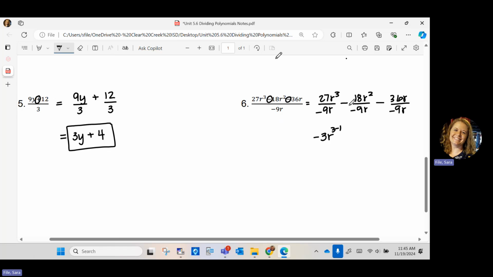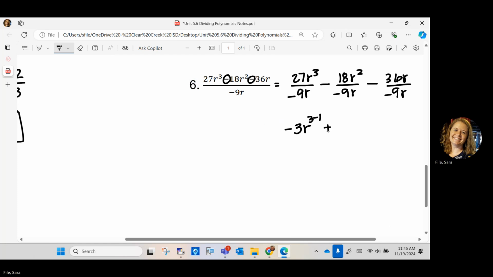So negative divided by negative, this is going to become positive. It's going to become a plus. And then 18 divided by 9 is 2. And then you've got r squared over r. So you're going to do the 2 minus 1. And then same thing here, minus and then divided by negative. This is going to change to plus positive. And then 3 divided by 9 is 1/3.